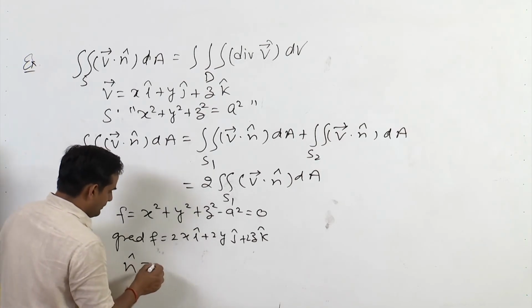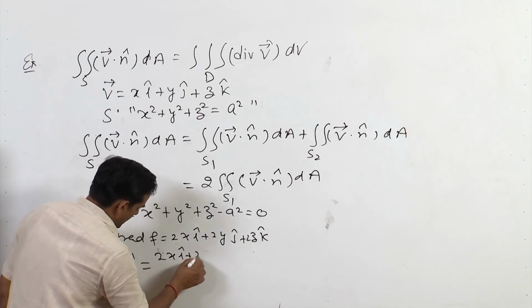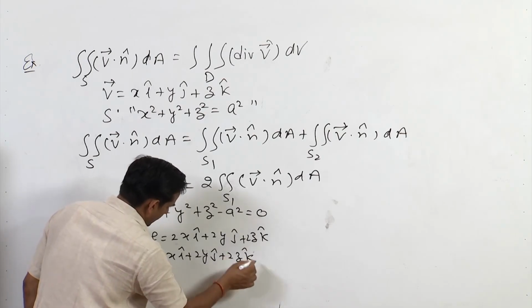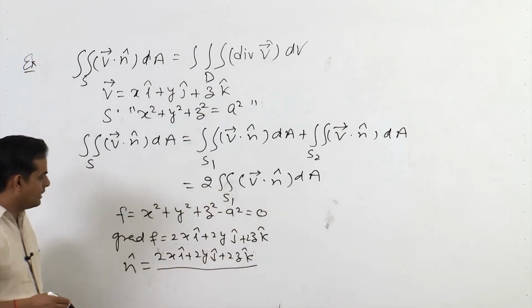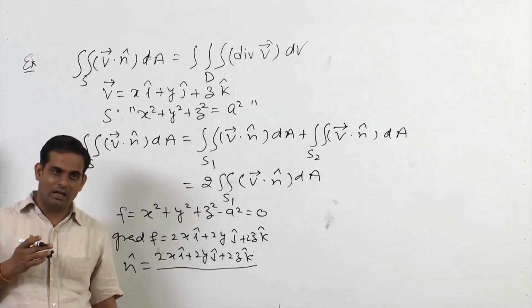So it will become 2x i plus 2y j plus 2z k upon square root of 4x square plus 4y square plus 4z square.